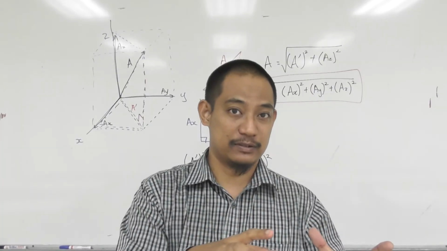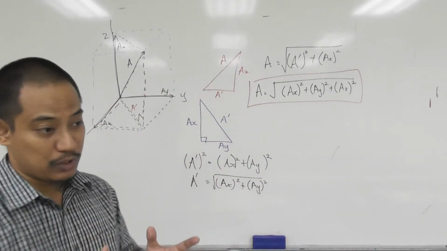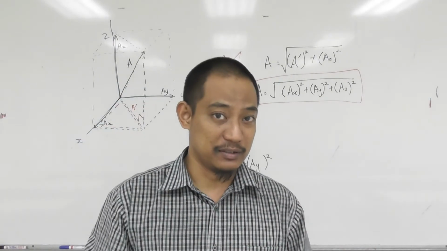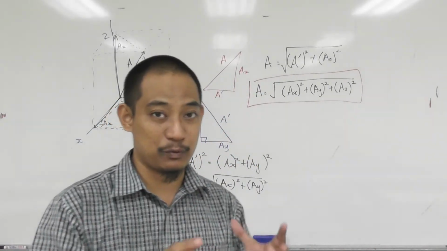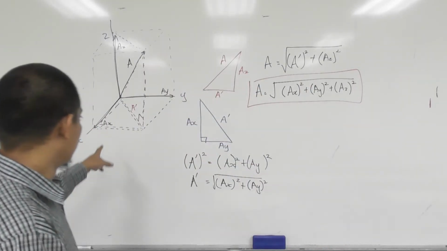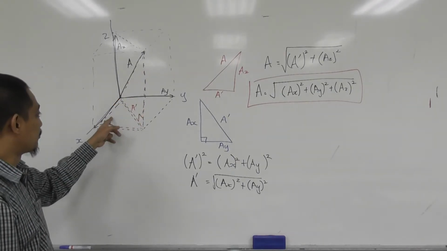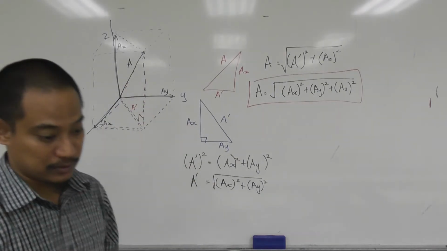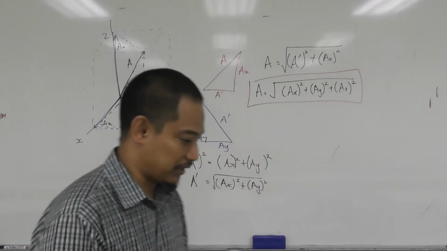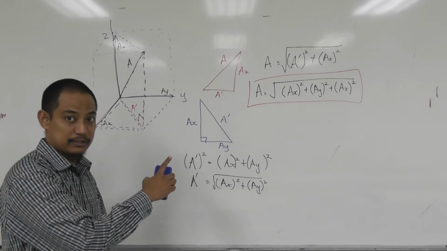Both can be given to you if you need to solve. So you need to know how to deal with different types of angles. In 3D, there are several ways the angle can be given. One is just by this. There's no angle given here. You just have the component, and you need to know how to deal with this. So next is if you have alpha, beta, and gamma, right? So hopefully you understand this.